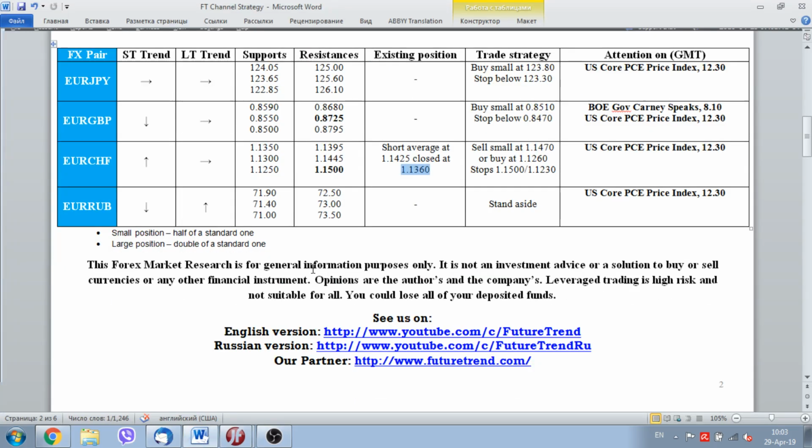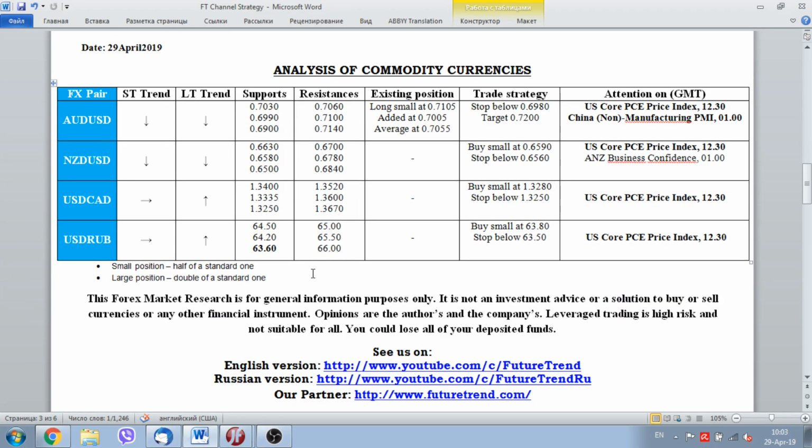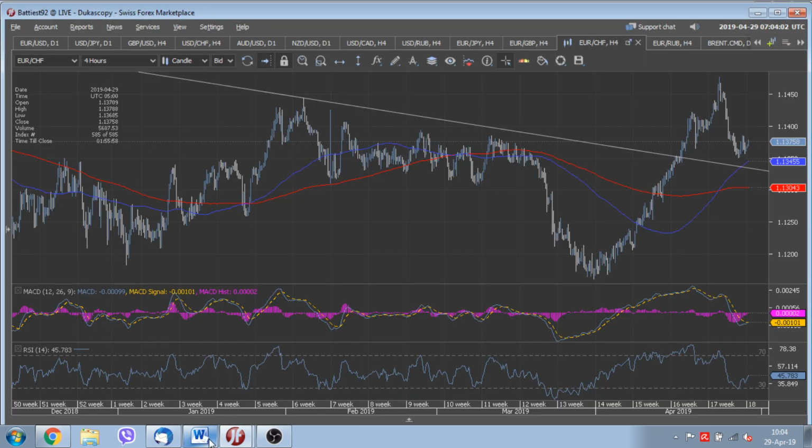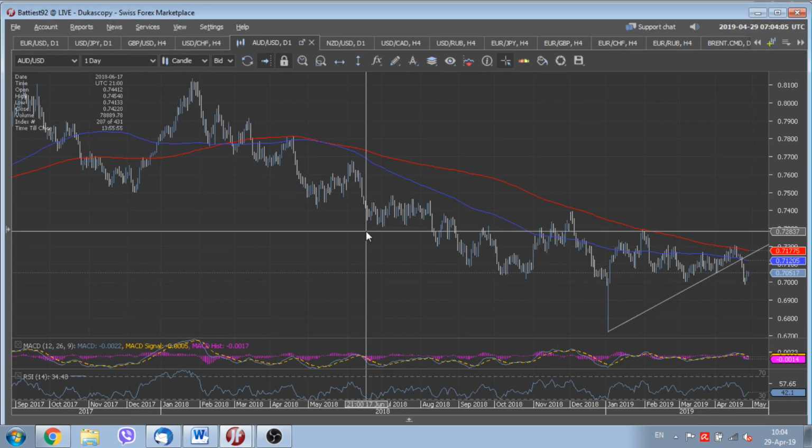And for those of you, dear friends, who are looking for any opportunities in trading the commodity block of currencies, here it is. By the way, we used the move to below the 70 level to increase our long position in the Aussie dollar.